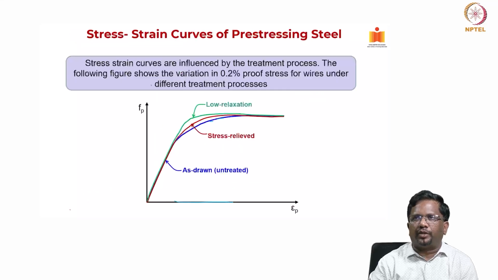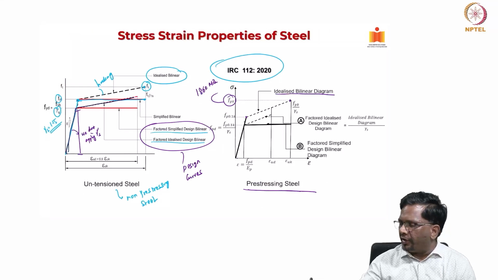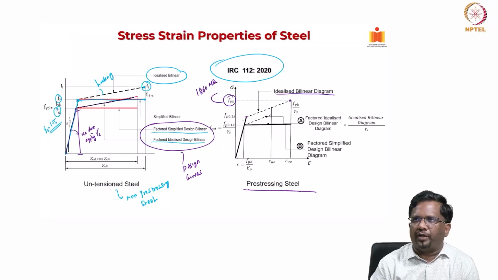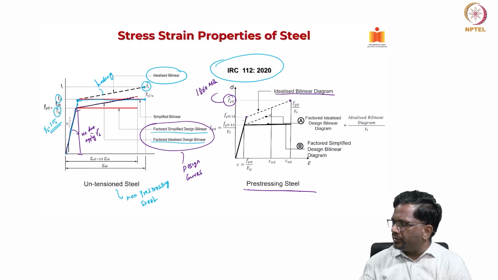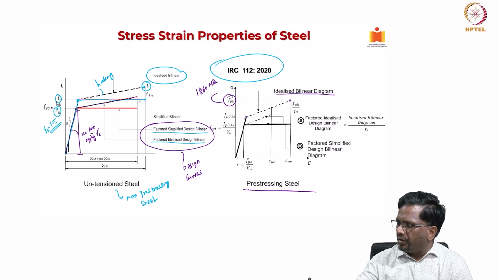So let's look at here. Now that's how we define this FP 0.1K, right? So you get your idealized bilinear diagram, okay?